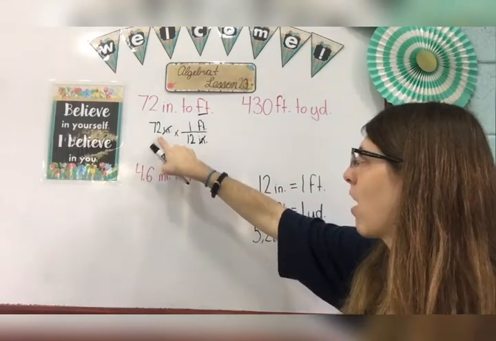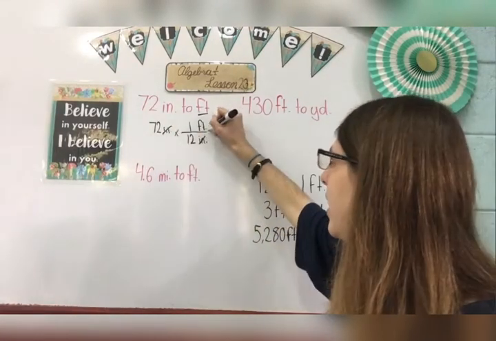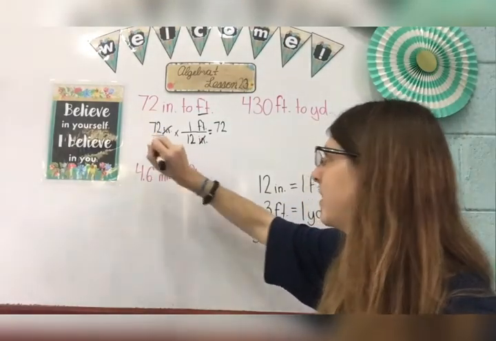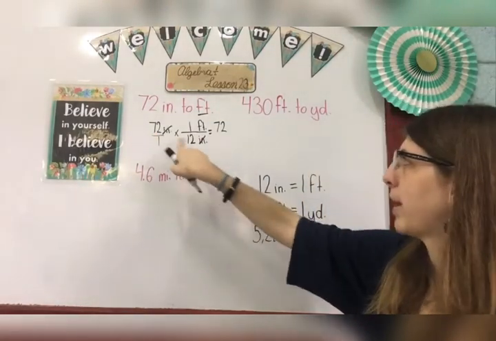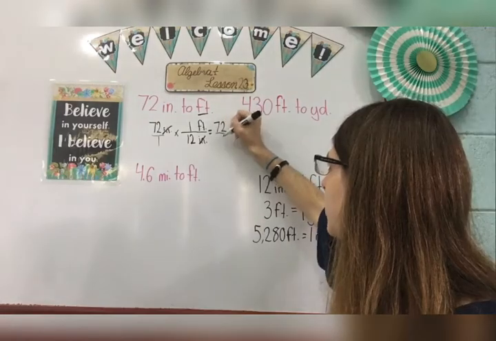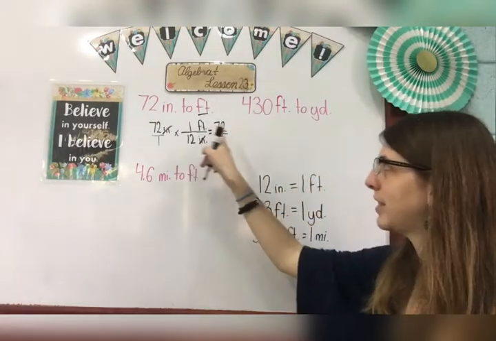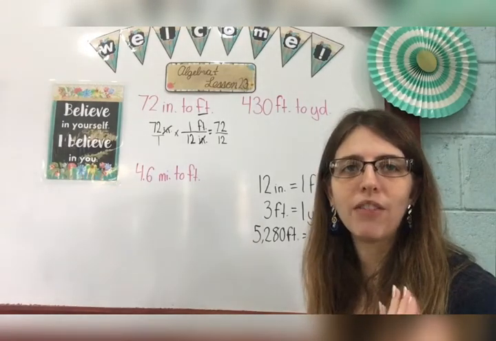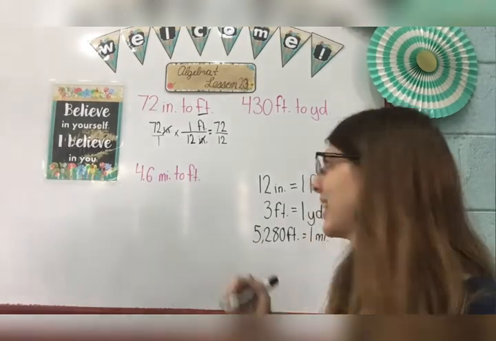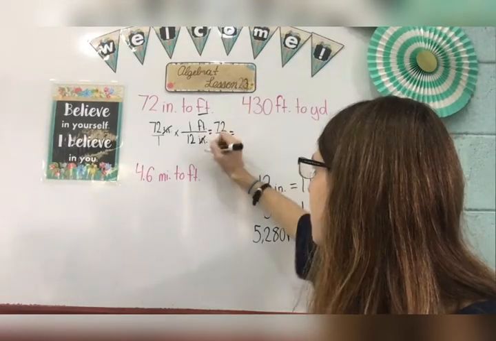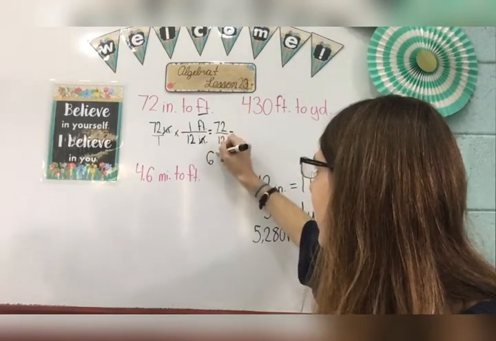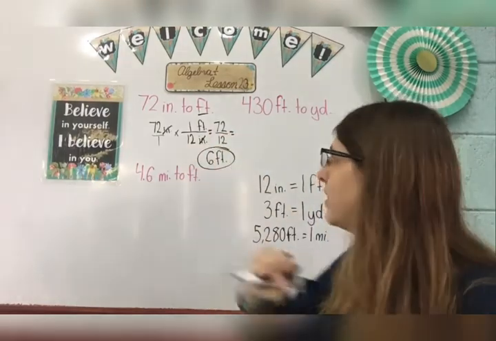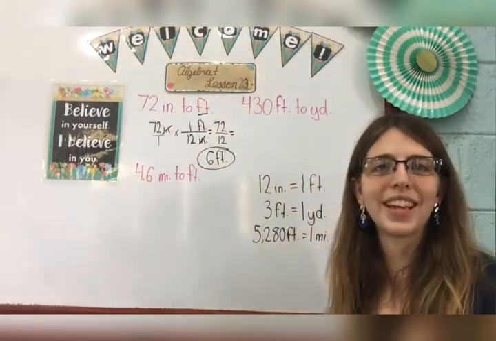So I multiply across, 72 times 1 is 72. Of course, we know that this is an improper fraction, so we're multiplying 1 times 12, so we get 12 on the bottom. So we have 72 on the top, 12 on the bottom. 72 divided by 12 is 6. So that means our final answer is 6 feet. 72 inches is equal to 6 feet.